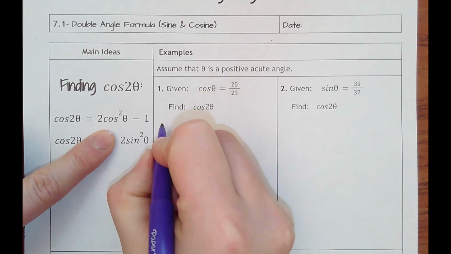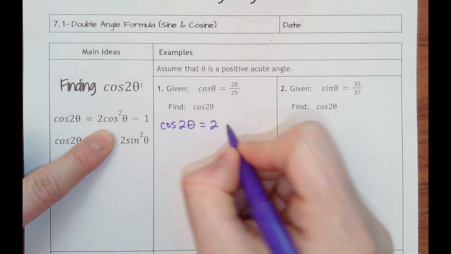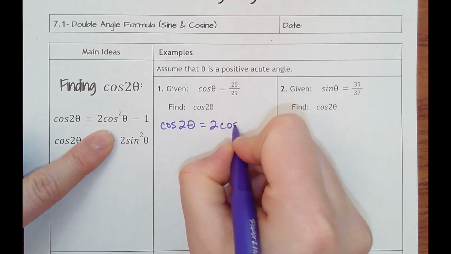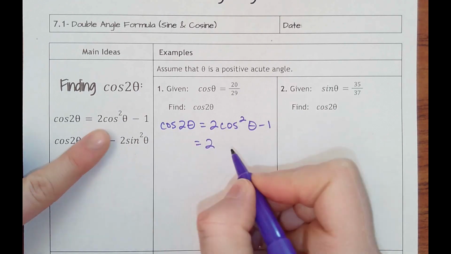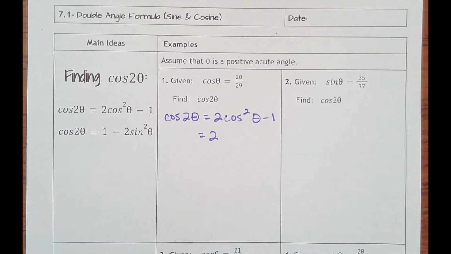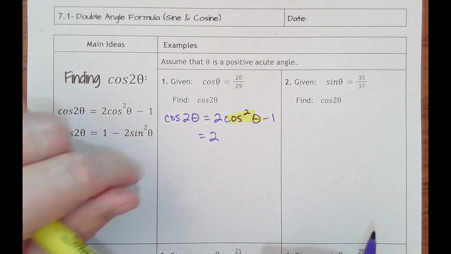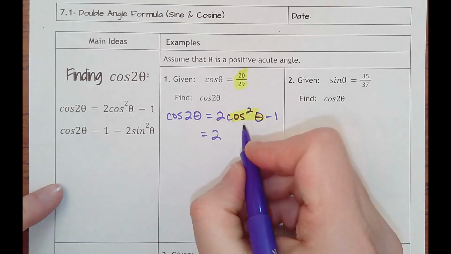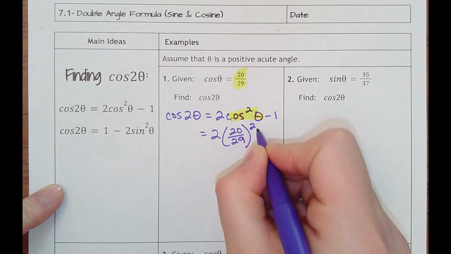I'll go ahead and write it again so that we have it here. I'll have 2 times, remember that cosine squared of theta just means cosine of your angle squared, and they're telling us that is 20 over 29. And then minus 1.